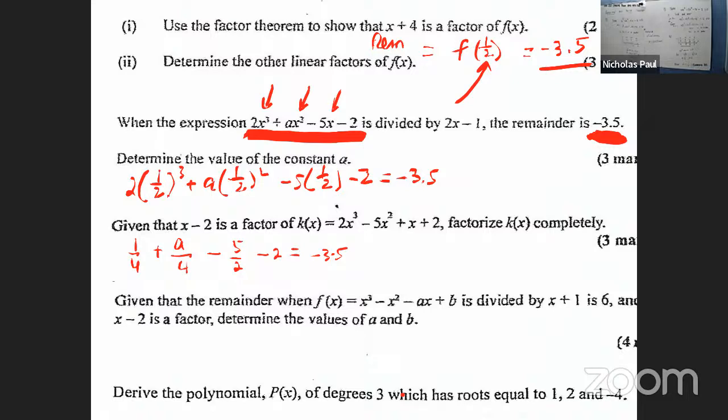Without solving for a, I am just trying to see if I can get it.